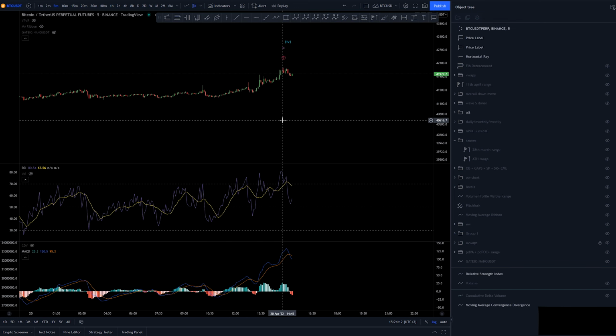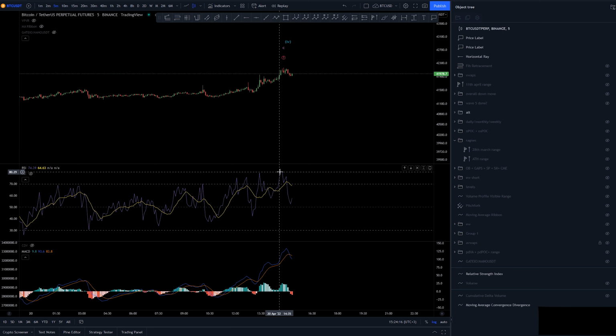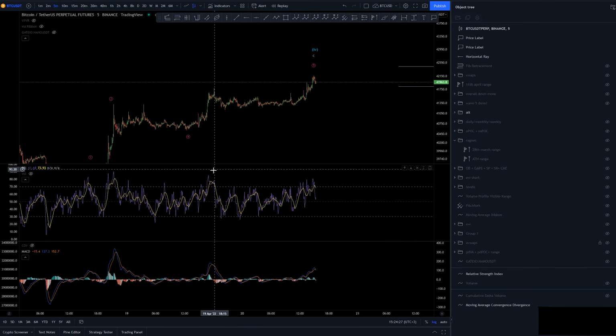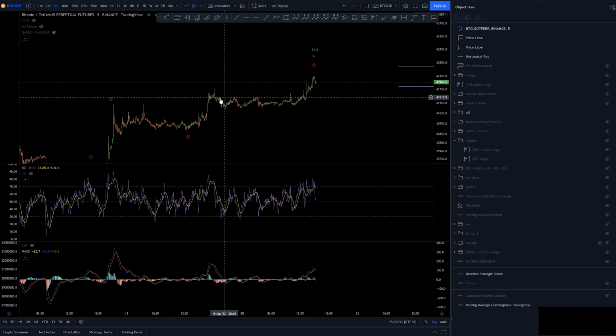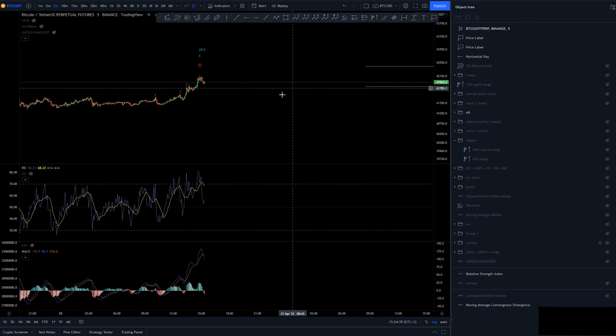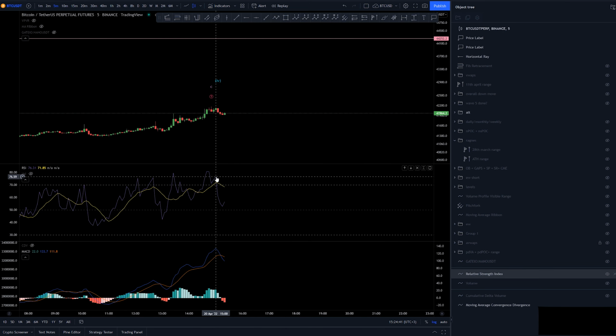On the really low time frame, we don't really have a divergence yet established, so there could be still another high to go. Comparing it to the 3rd, we're just around the same levels for the 3rd or 5th of the 3rd, so divergence could be established with this lower peak here.